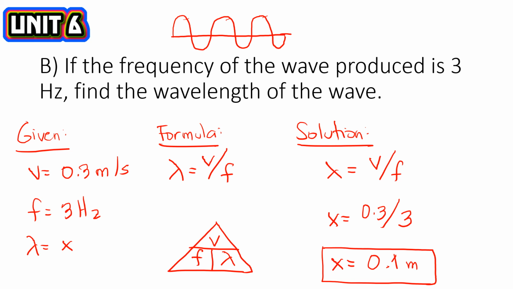The wavelength, meaning from the top, here and here, the distance is 0.1 meter. Also here and going here is also 0.1 meters. Also here, from trough to trough, the distance is also 0.1 meter. So this is what your wave looks like after computing the speed, the frequency, and the wavelength.